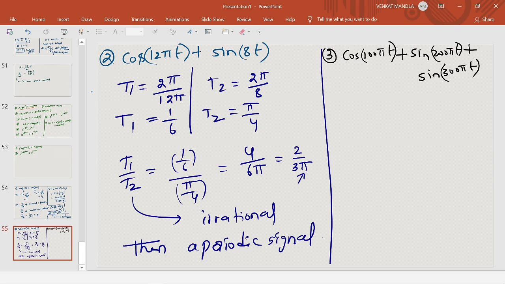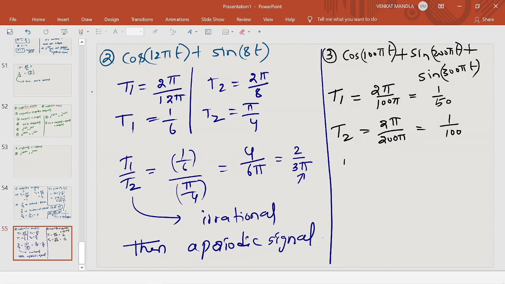This is x of t. What is T1? T1 is 2 pi by omega naught, 2 pi by 100 pi, that is 1 by 50. T2 is 2 pi by 200 pi, that is 1 by 100. T3 is 2 pi by 300 pi, that is 1 by 150.